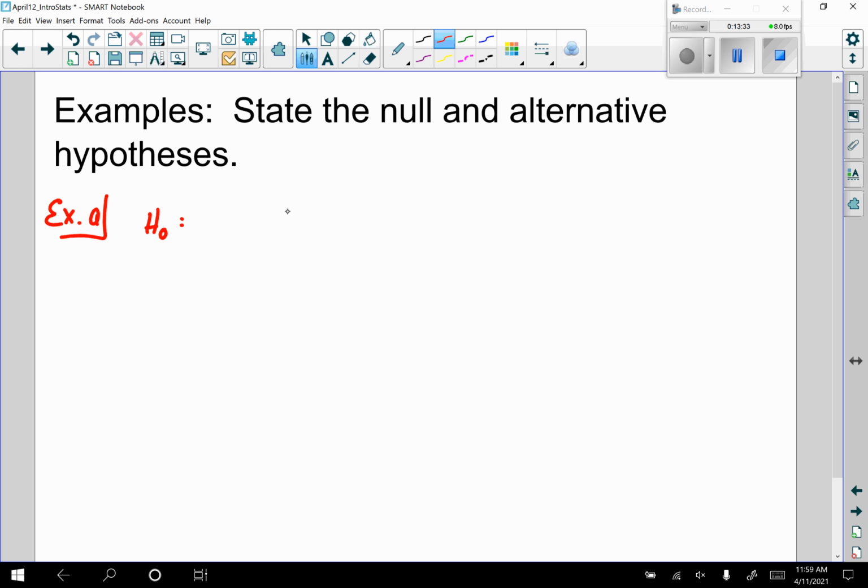Again, we start with the null hypothesis, then the alternative hypothesis. So take your time, go back to the summary that we just wrote out, see which type of tailed test this would be, and that helps with writing out each hypothesis.